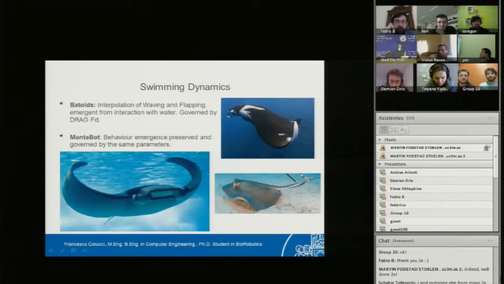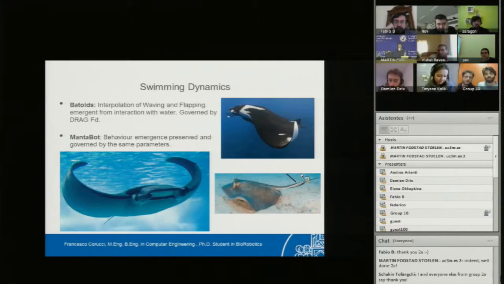Swimming dynamics. The particular thing about our project, with respect to common projects in Weebles, was that we had water, so our physics was in water. We had to investigate the dynamics of the swimming of these animals. The manta ray and the other kinds of batoids seem to swim using a combination of two mechanisms.